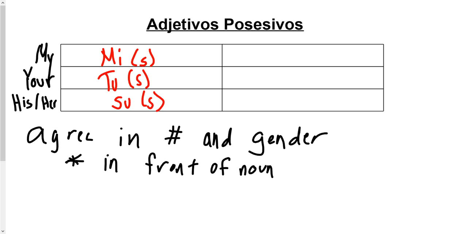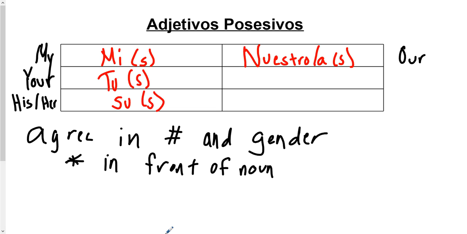For our, we use nuestro if it is singular male, nuestra if it's singular female, and you add an S if it's plural. So, mis hermanas y yo tenemos un abuelo vivo.